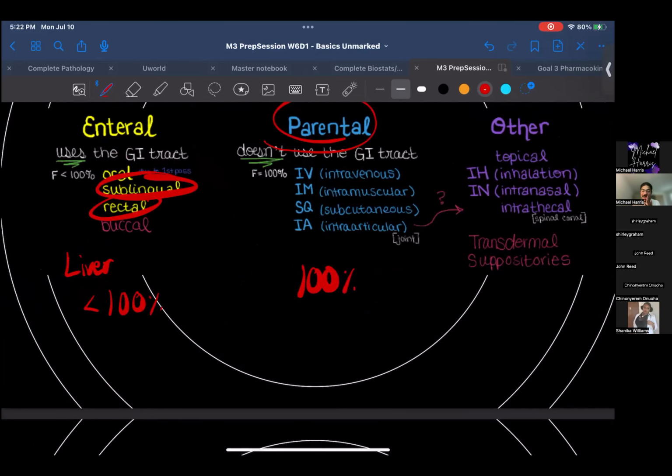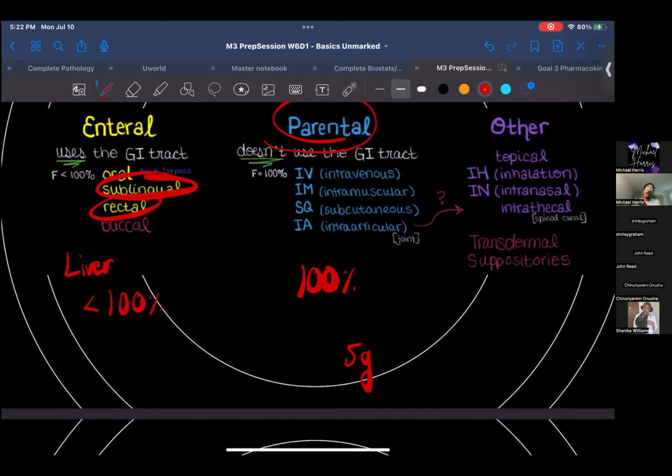Now, if I wanted to calculate bioavailability, I always know that parenteral injection is always 100%. So let's say I give a drug that's 5 grams, and I give it parenterally.